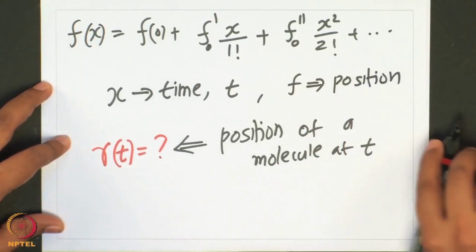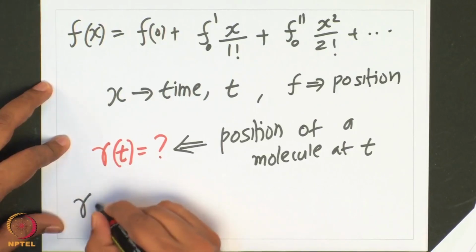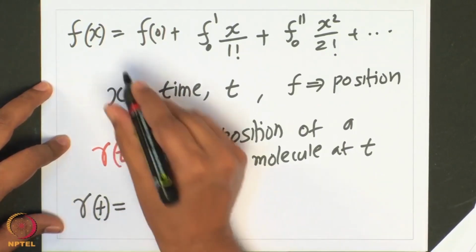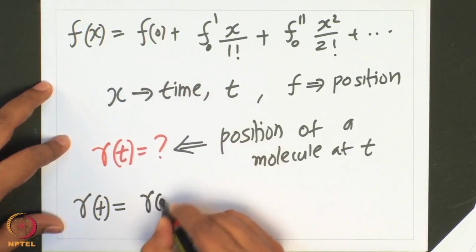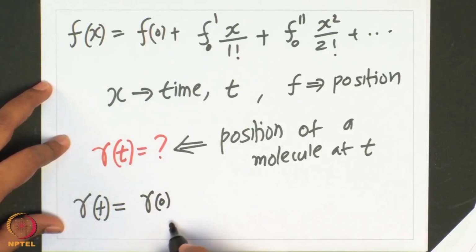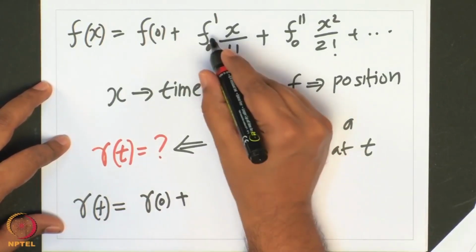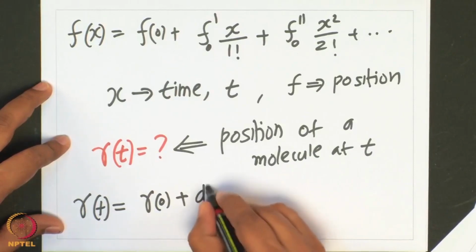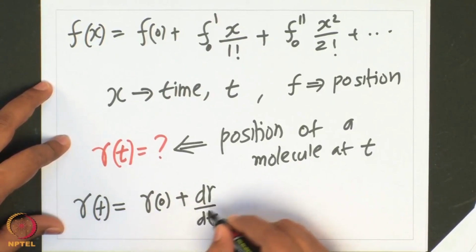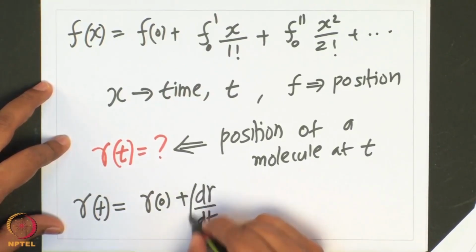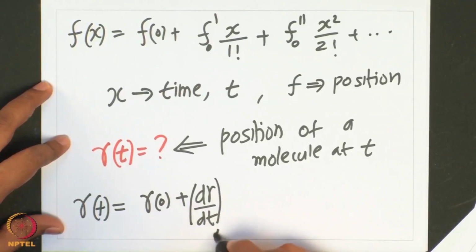So then if I want to know this, let me write r of t is r at 0, if I know the initial position at time equal to 0, plus the first derivative, which is dr by dt. What is dr by dt? It is nothing but velocity at time equal to 0. This is called initial velocity.